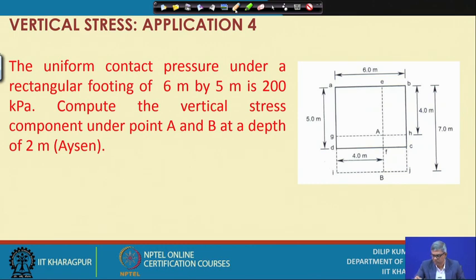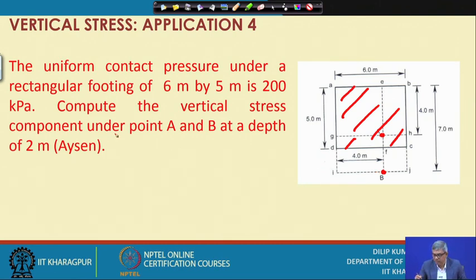You can see here, this is the area actually loaded, under this outline, and the point of interest A is here, and another point of interest B is here. At these 2 points you have to find out stress, at a depth equal to 2 meter.